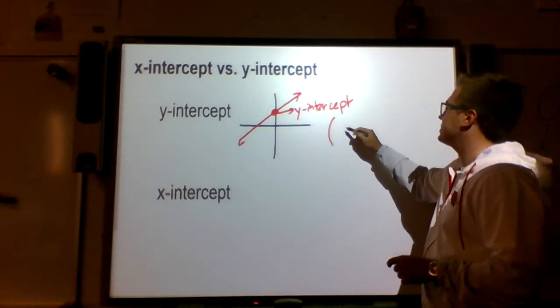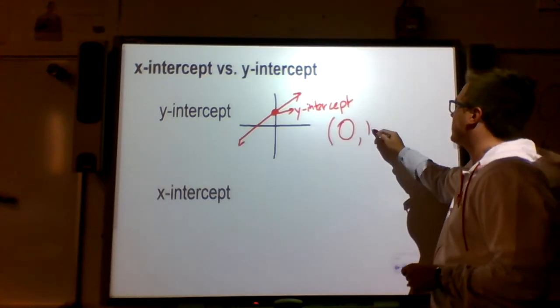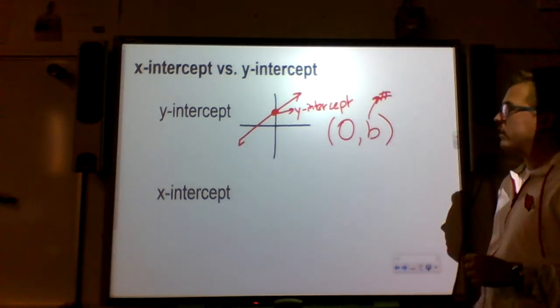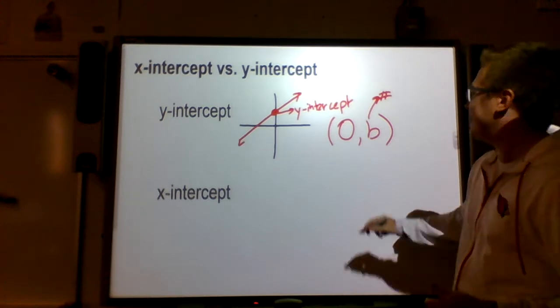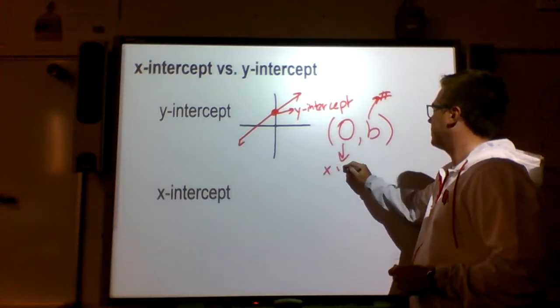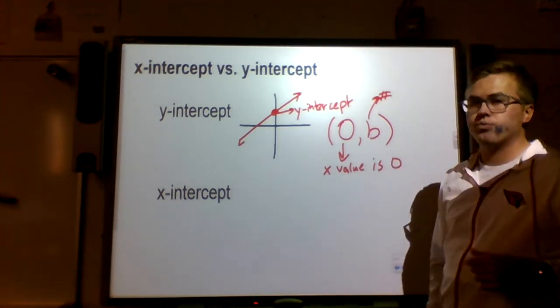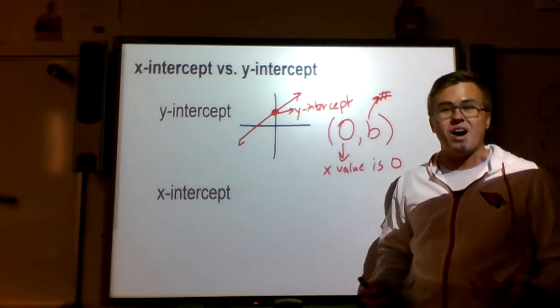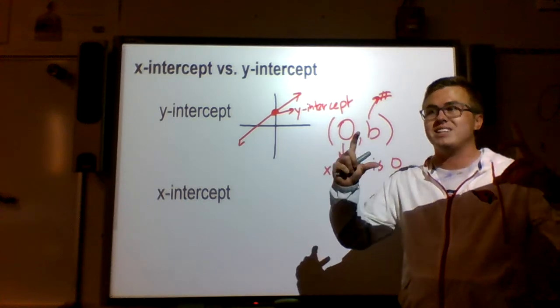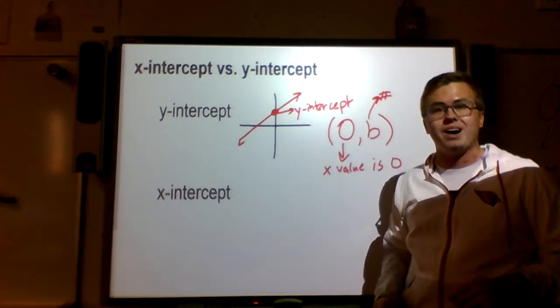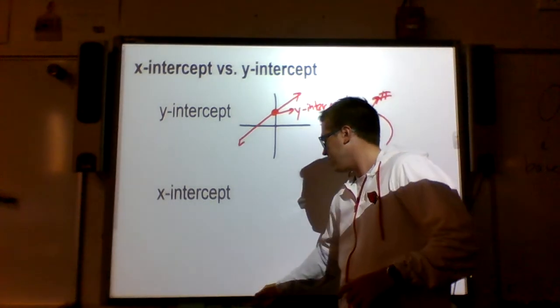Well, we talked about yesterday that it's 0, a number, 0, b. So that means that the x value is always 0. So if we're looking for a y-intercept, we're looking, okay, where is the x value 0? That means that it's going to be on my y-axis somewhere.